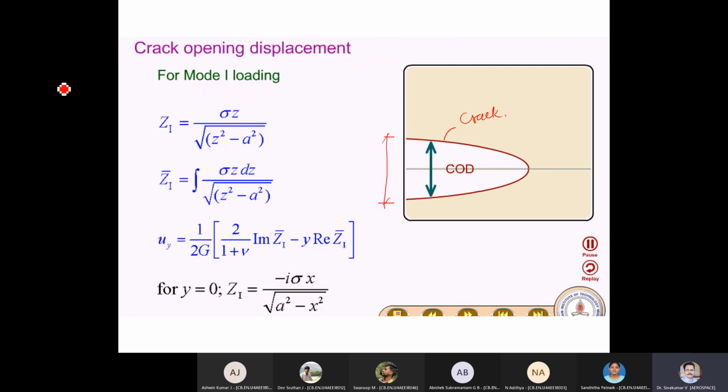Here you can see one term called Z1. This is capital Z, and this is small z. Both have different meanings.